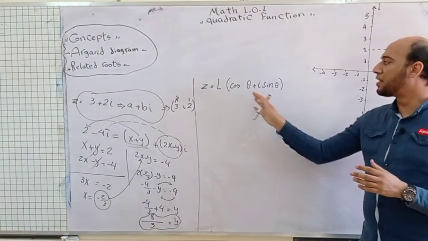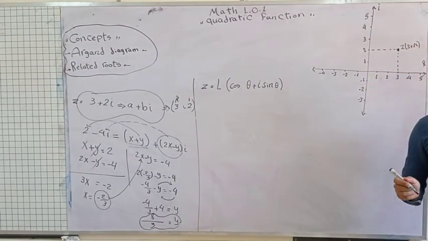By the way, what does L represent in the Argand diagram?